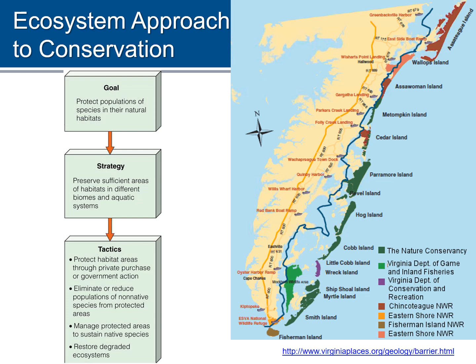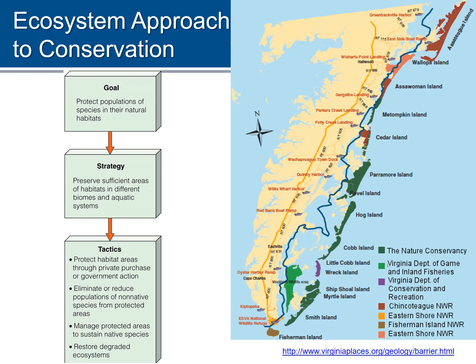And then up the northern areas, Chincoteague National Wildlife Refuge, Eastern Shore National Wildlife Refuge down at the south, Fisherman's Island National Wildlife Refuge at the south, and Eastern Shore National Wildlife Refuge is another part of it there. Areas on Assawoman Island, Wallops Island, etc. The whole coast of the eastern shore of Virginia is under some level of protection, but it's a combination of federal, state, and private land holdings.